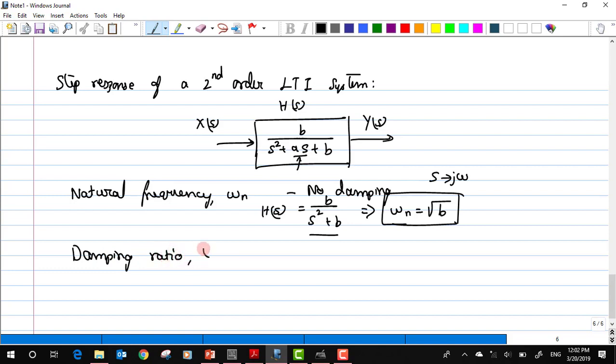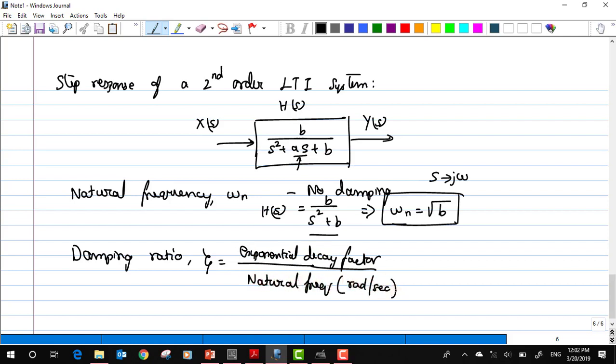The damping ratio I will denote with the symbol eta, and it is defined as the exponential decaying factor divided by the natural frequency. Now what is this exponential decaying factor?